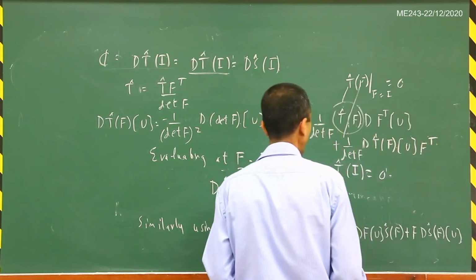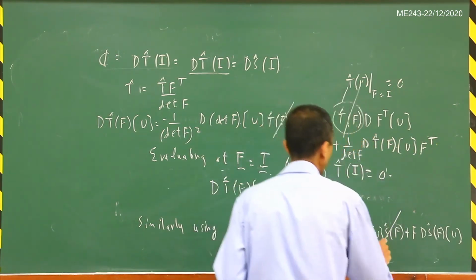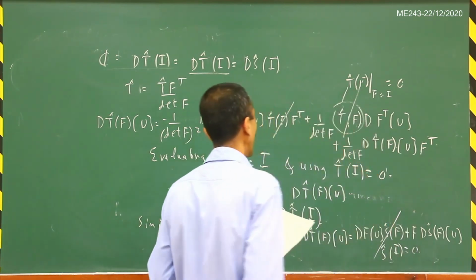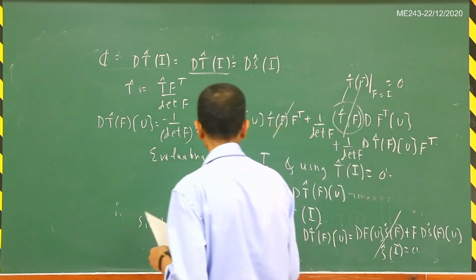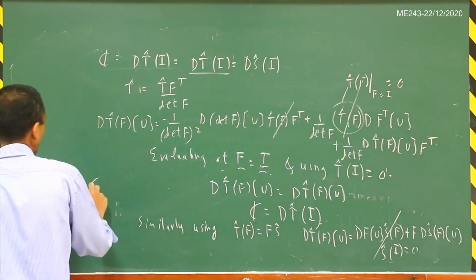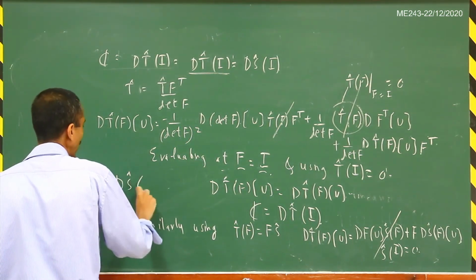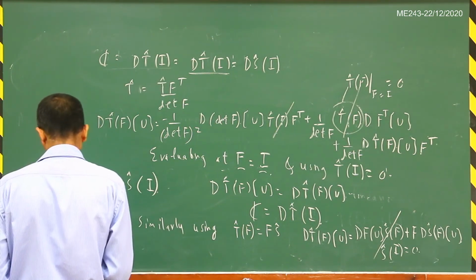And then again your s hat evaluated at identity is 0. So s hat at identity is equal to 0, and then again you will get back the same result, because again you will substitute F equal to identity. So you will again get back that C is equal to D of s hat evaluated at I. So this relation also you will get.